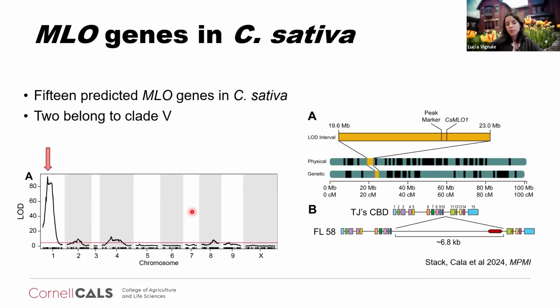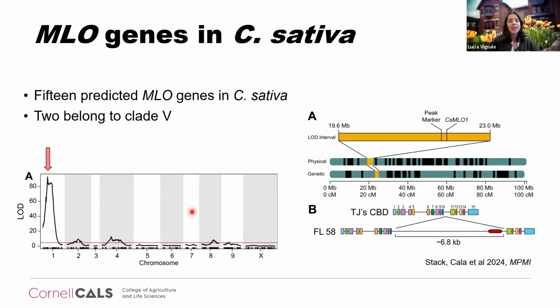We also had the genomes for those 2 parents, and they saw that there was a big insertion, around 6.8 kb, between exons 10 and 11 of that gene, and that was probably conferring this lack of susceptibility to hemp powdery mildew.